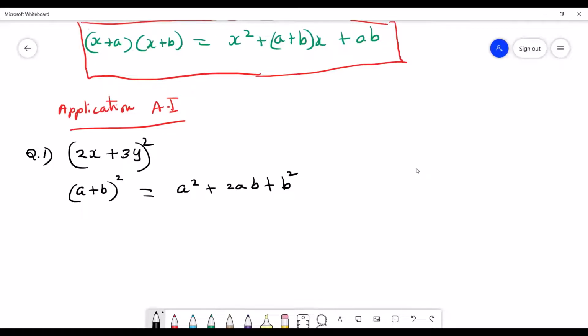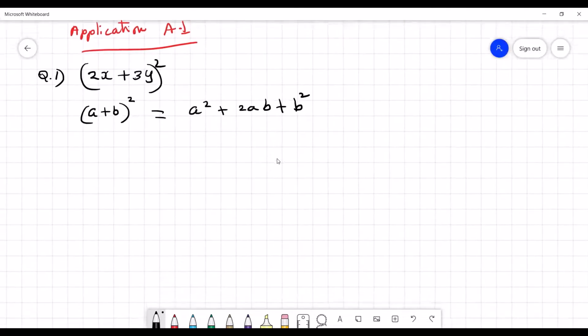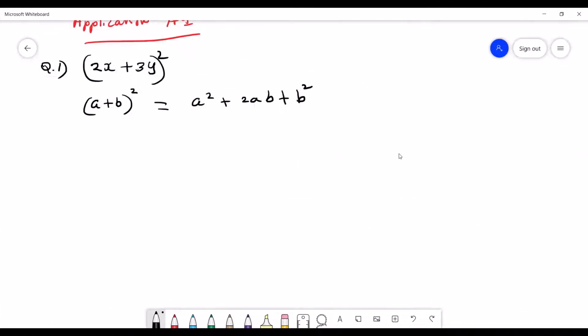So either you can apply this equation, otherwise you can directly multiply. Let us see whichever is easier. If the algebraic identity is not giving any easy method, then there is no use of using that.